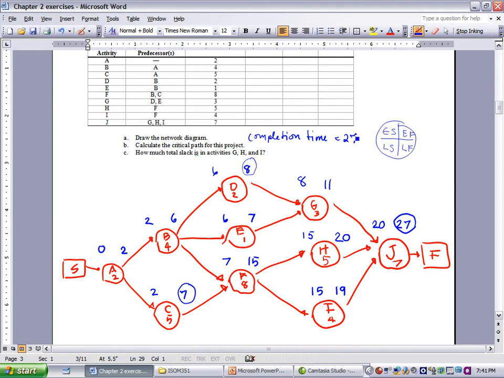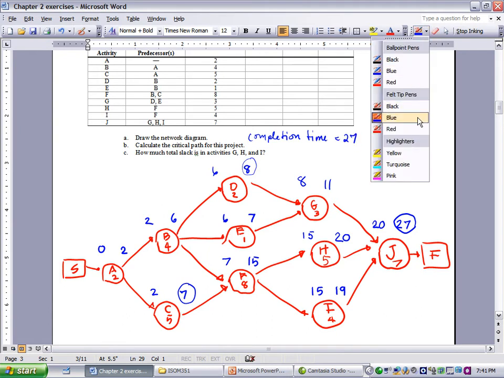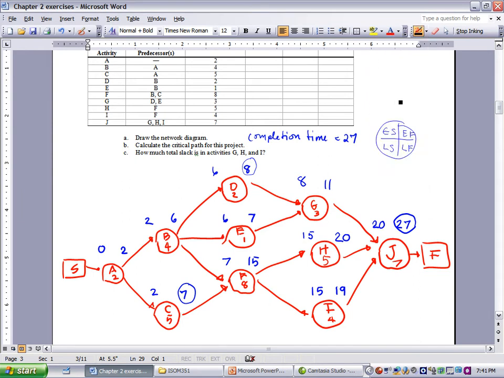Now to go backward, I'm going to use black. To go backward, you have to start with the largest number as LF, and then you start subtracting amounts like that.